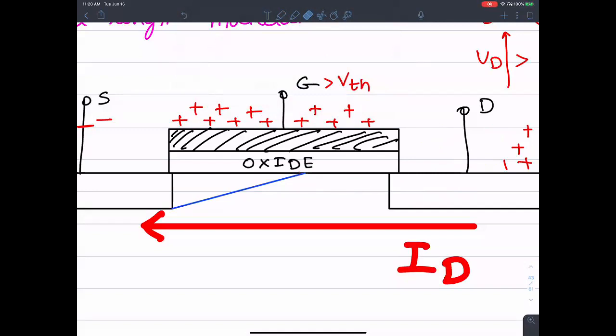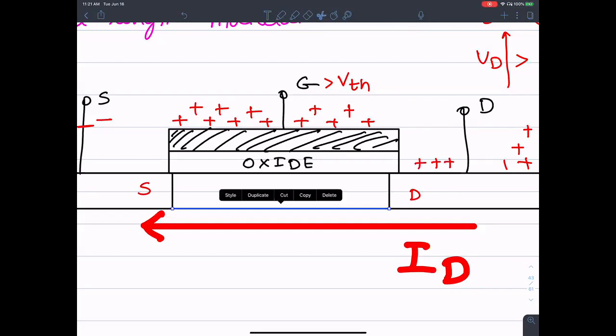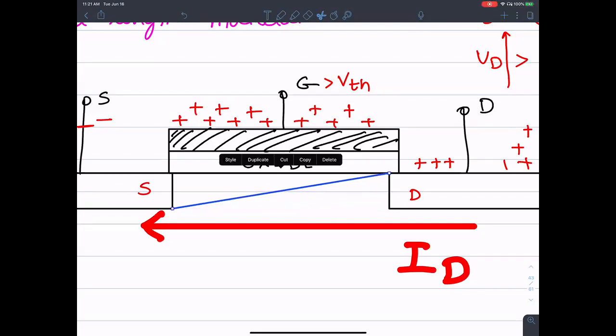The channel is continuous between the source and drain. But if I keep increasing the positive voltage here, there's not going to be enough electrons towards the drain.